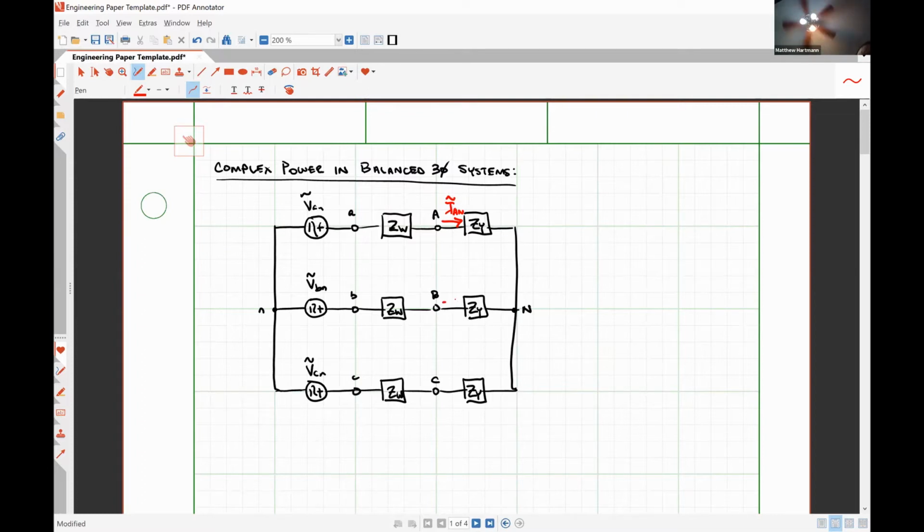Through the B phase, we should have some phase current, IBN. And through the C phase, we'll have a phase current, ICN.